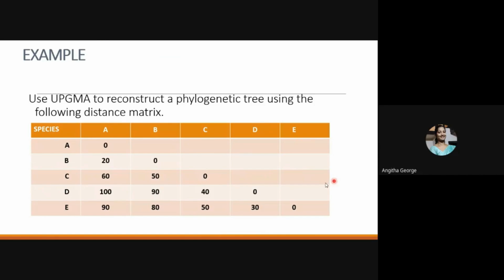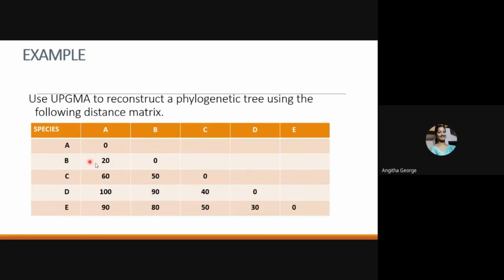This distance matrix has a number of rows and columns. The first row contains species A, B, C, D, and E, and the first column also contains the species A, B, C, D, E. You can see some values in each cell. These values represent the distance between the species.